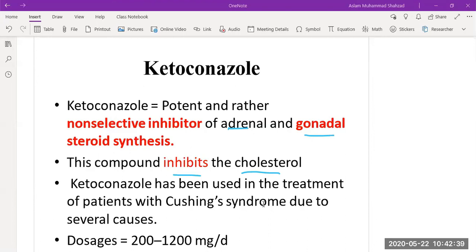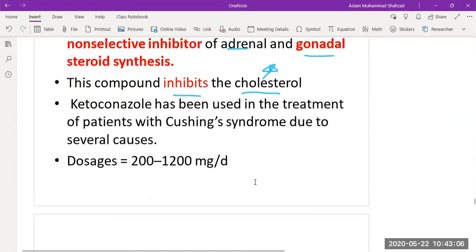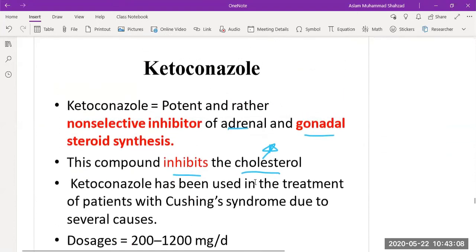These drugs are blocking or inhibiting the synthesis of cholesterol. As mentioned, ketoconazole inhibits the synthesis of cholesterol, and aminoglutethimide blocks the conversion of cholesterol to pregnenolone, which is a key step for the synthesis of estrogen. So this is how they work and their mechanism.